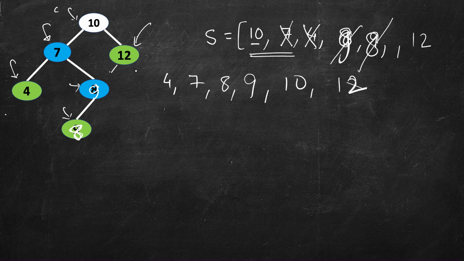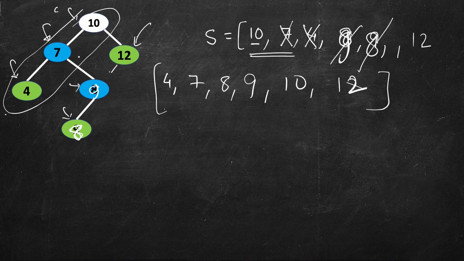Now its right is also null and we are done. So this is the way we do Inorder traversal using stack. So stack will not be always containing all the elements. It will contain at max this kind of depth of the tree.